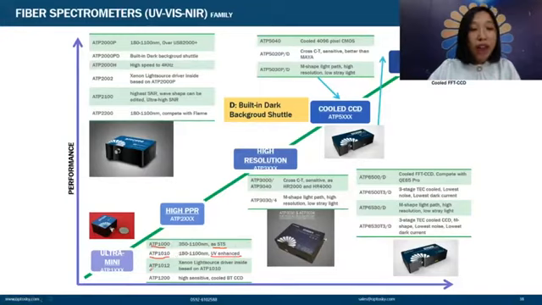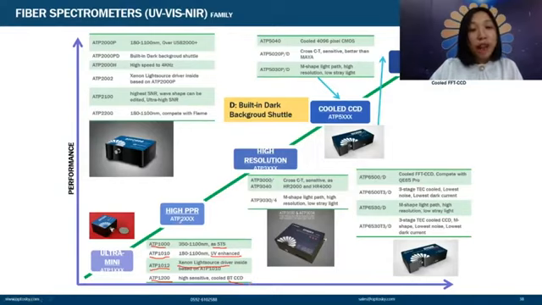And also we have the ATP 1012. It has a xenon driver built inside to drive the xenon. And also we have the ATP 1200, which uses a BT CCD, with better performance.